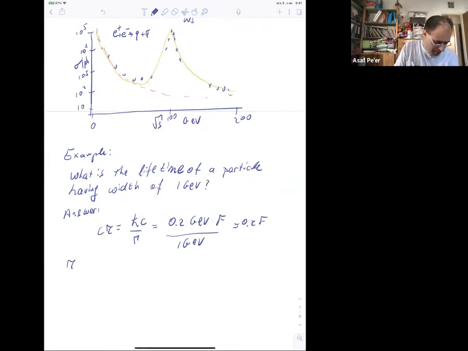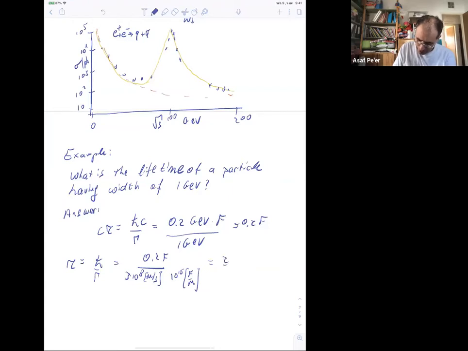If you want the units of time, tau is just h bar over gamma, so I simply divide by c. So it's 0.2 Fermi divided by 3 times 10 to the 8 meters per second, and then we had 10 to the 15 Fermi per meter. So we end up with 2/3 times 10 to the minus 24 seconds. It's very short. That's why we can't see it directly.